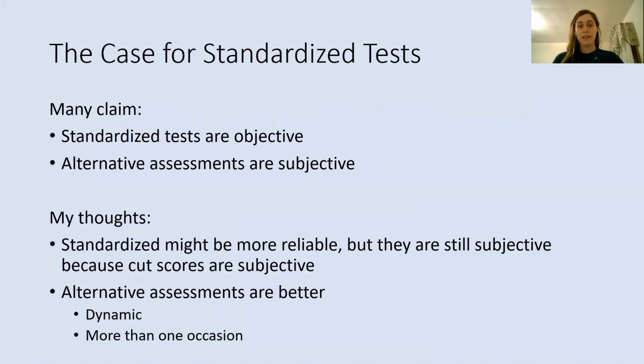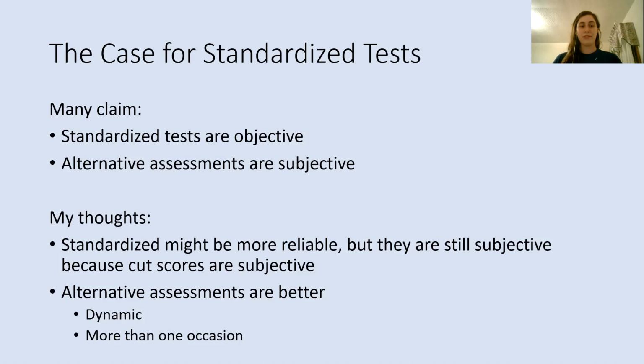But personally, I think although standardized tests are more reliable, because you can give the same test to the same student on different occasions and get the same score, they are still subjective because the cut scores are subjective. Where they draw the line between basic, proficient, and advanced, I think those lines are very subjective.